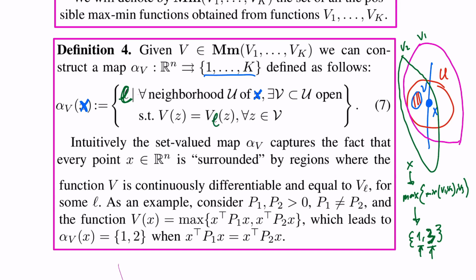Let's look at, for example, index L, and I am looking at, for all neighborhoods U of x, there exists an open subset of this neighborhood such that we have this condition: V_L is active in this set.